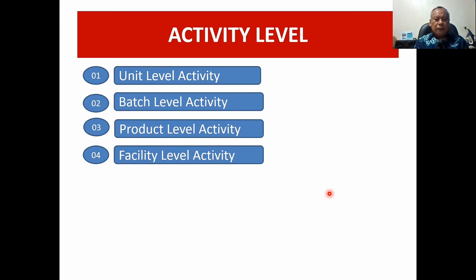What does facility level activity mean? Actually, the activity is performed to sustain the general facility in the production.